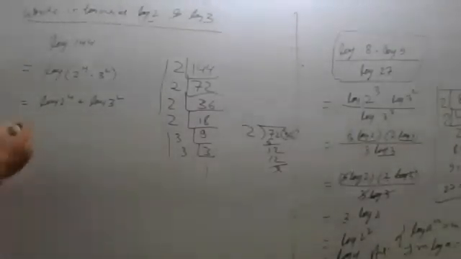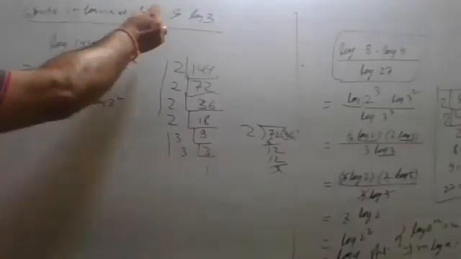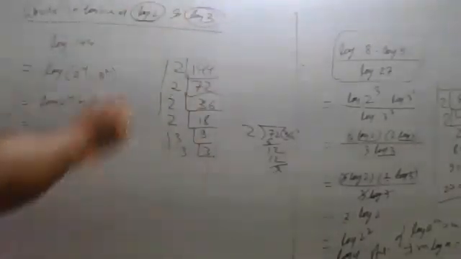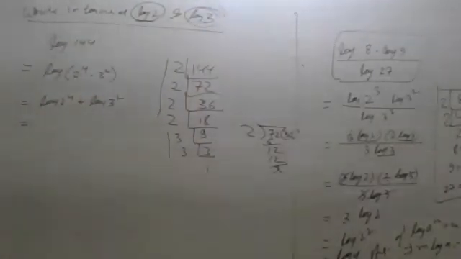Continue. We have to write the answer in terms of log 2 and log 3 only. It is already log 2 to the power 4, which equals 4 log 2 plus 2 log 3. Which formula have you used?